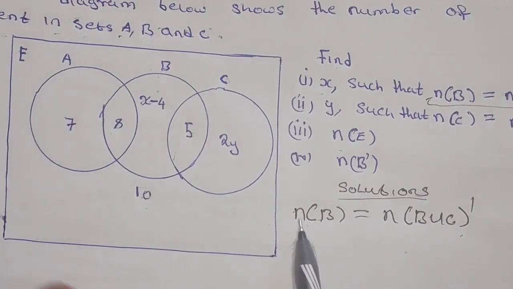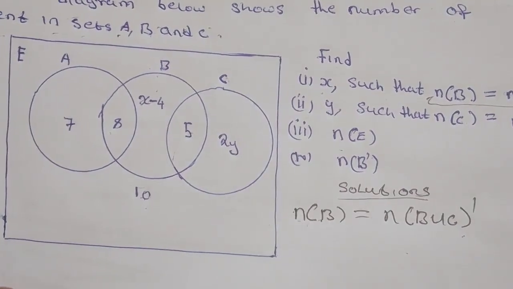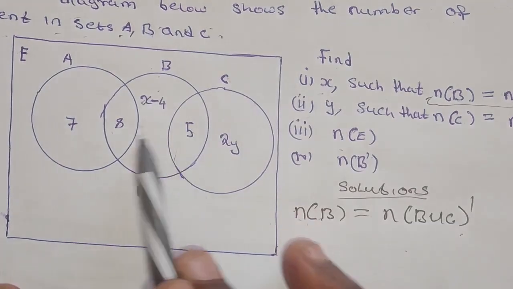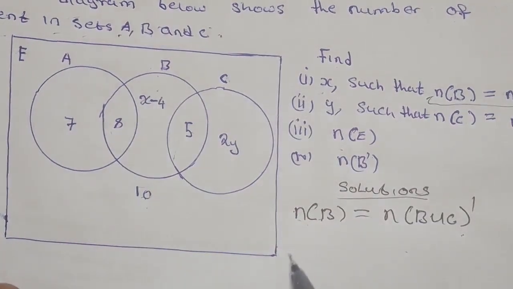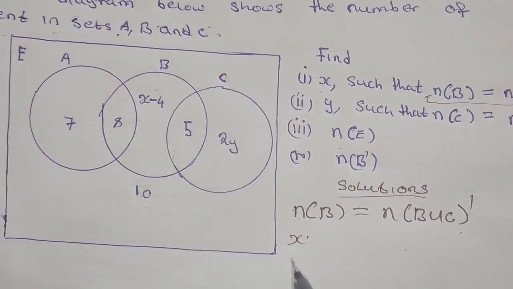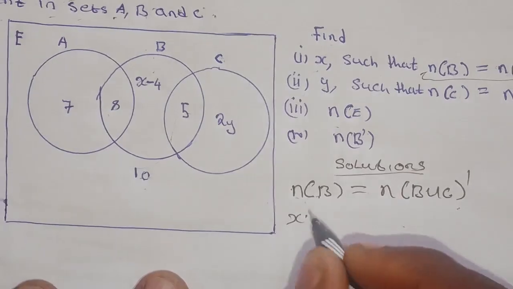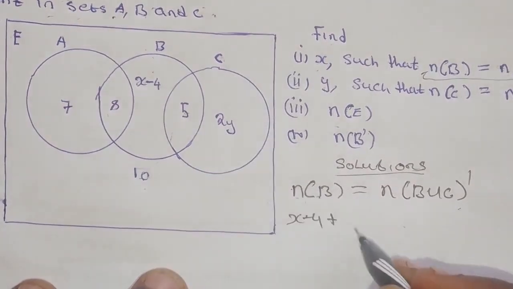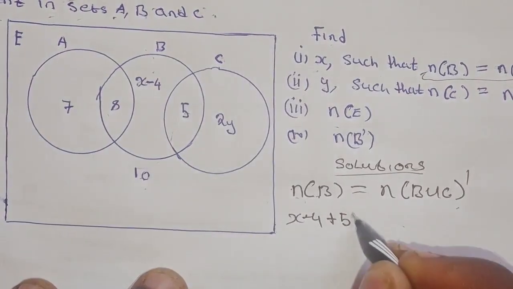So to find the numbers in B, we just add these. In B we have x minus 4 plus 5 plus 8.